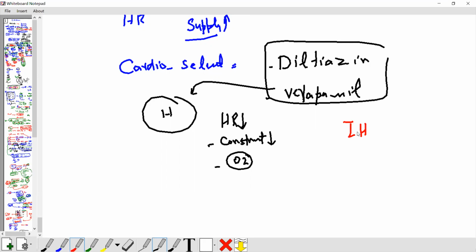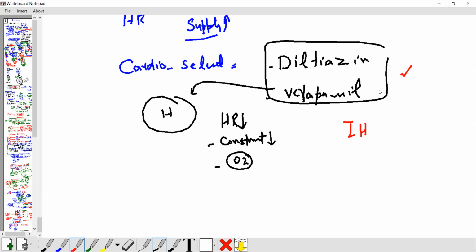But listen here carefully. To decrease the heart rate, which drug do you have? Beta blocker. The drug directly acting on the heart is your beta-1 blocker, so these drugs are not mostly preferable here. For ischemic heart disease we also need vasodilation.